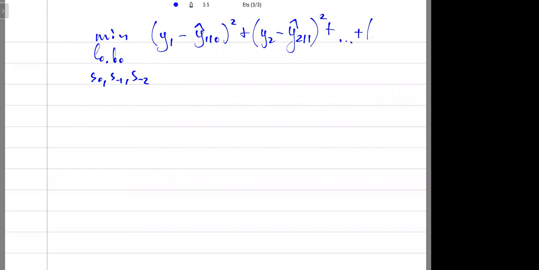This model can be estimated by using nonlinear least squares. That's not a problem. You may estimate this model by estimating five parameters.